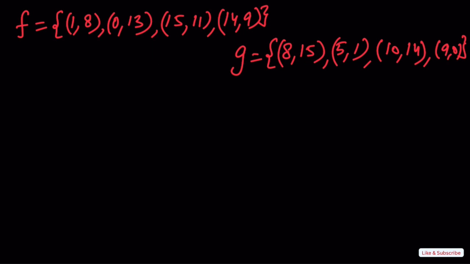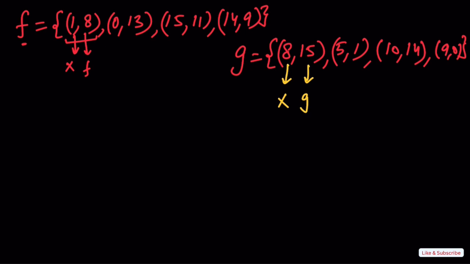Now what does this ordered pair mean? This ordered pair means the first value is for x and the second value is for the function, which is f in this case. So this is the value of f of x. And similarly in the function g, the first value is for x and the second value is for g of x, right?